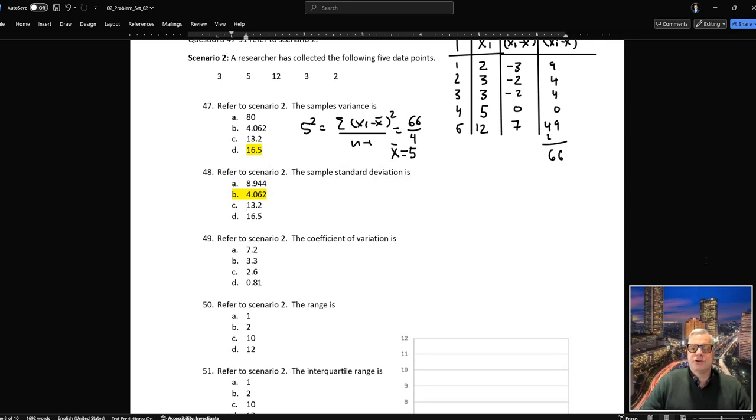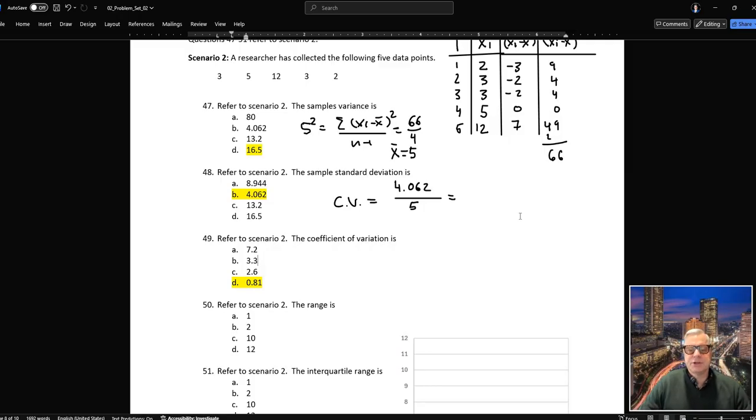So now the coefficient of variation is the standard deviation, which is 4.062, divided by the mean, which is 5. So from looking at it, it should be something close to 0.8. So that must be clearly D.